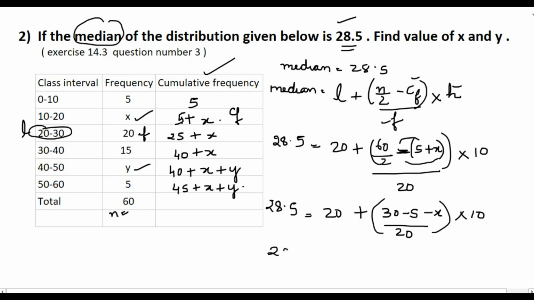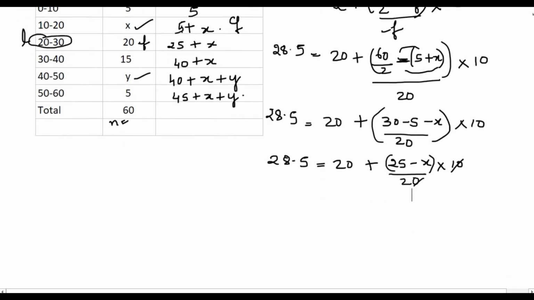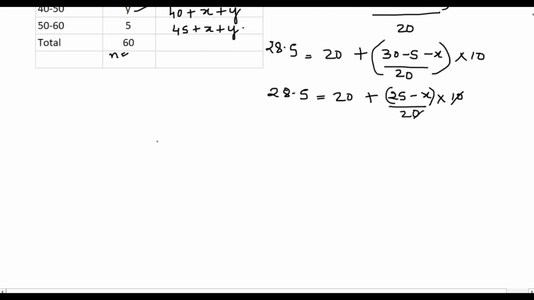Again, 28.5 is equal to 20 plus 30 minus 5, which is 25 minus x, divided by 20, into 10. We can cancel the 0.